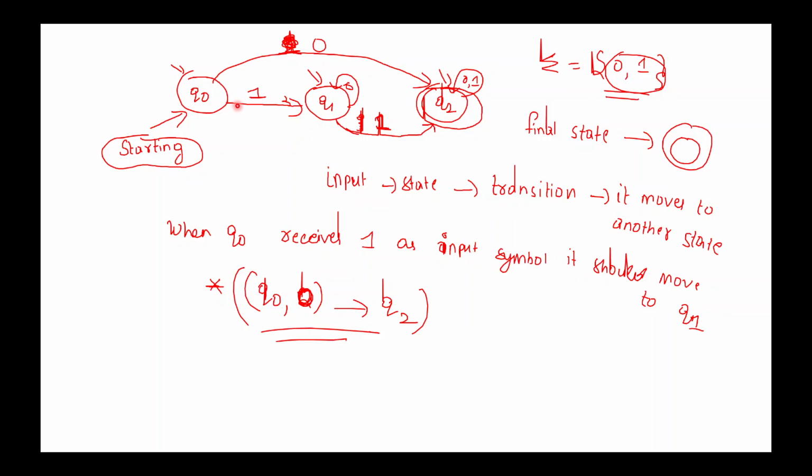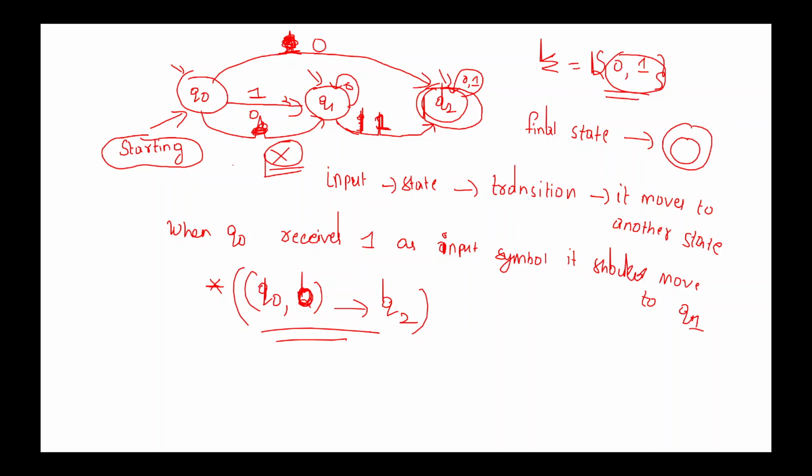In this case, I have said when q0 receives 0, it will move to q2, right? But if I try to say when q0 receives 0, it will move to q1 as well, then this would be wrong, because one state has two paths on the same symbol, which is not accepted in DFA.